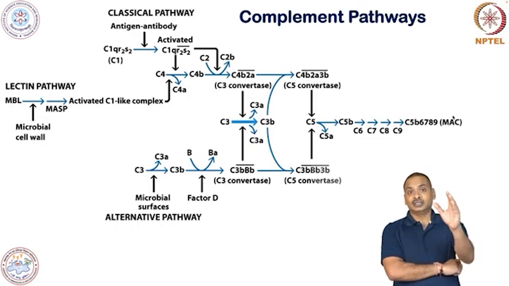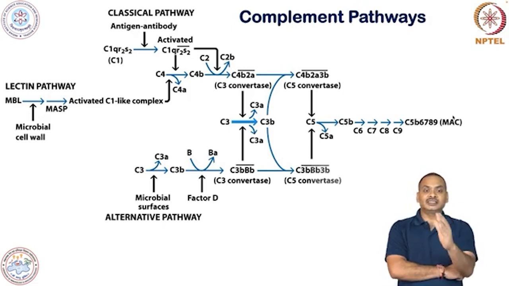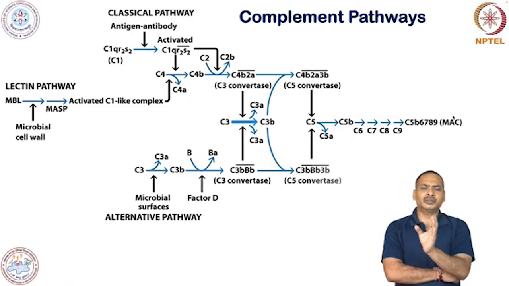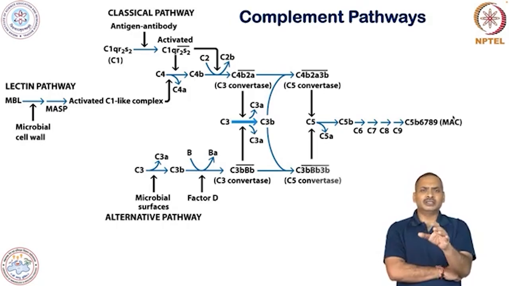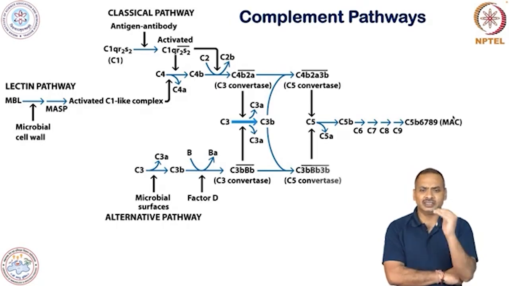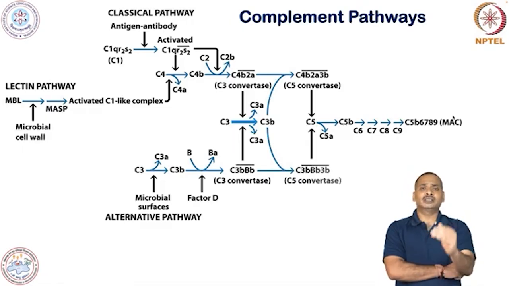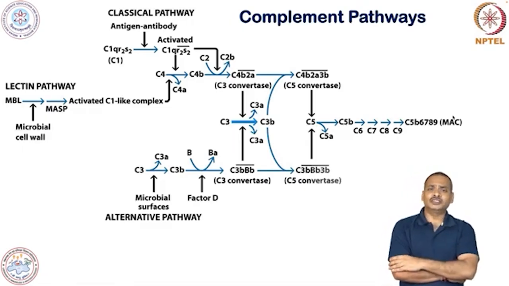C3a will be an anaphylatoxin, and this C3b will interact with the larger fragment of factor B, that is Bb, forming C3bBb, which is a C3 convertase, and this is mediated by factor D. The C3 convertase is stabilized by properdin, and then there will be generation of the C5 convertase.